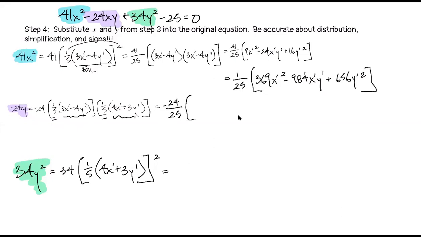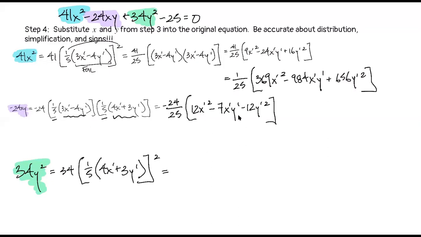And that is going to give me 12x prime squared minus, I have 9x prime y prime minus 16x prime y prime gives me negative 7x prime y prime. And then the negative 4y prime times 3y prime gives me negative 12y prime squared.